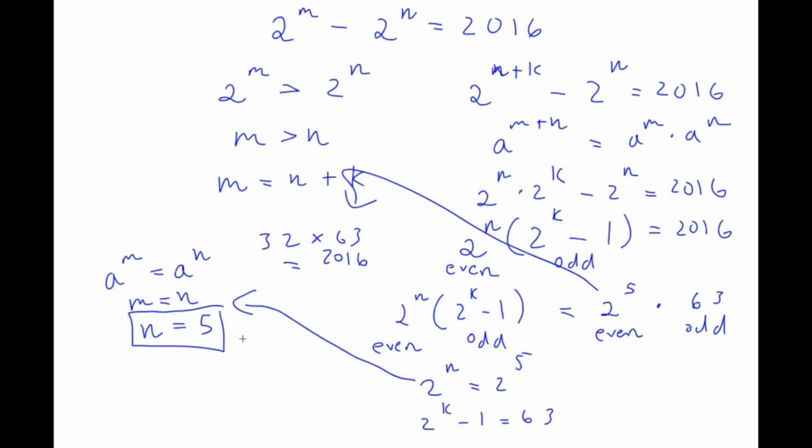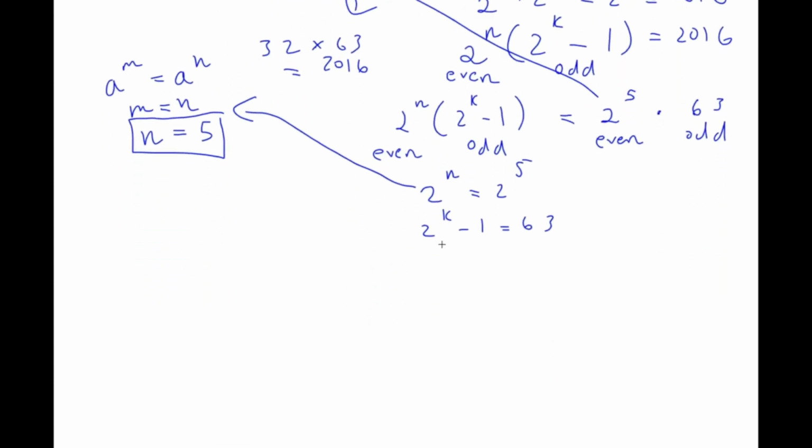So our value for n is 5. Now for 2 to the power of k minus 1 equals 63, I am going to first start by adding 1 on both sides. So I have 2 to the power of k is equal to 63 plus 1, which is 64.